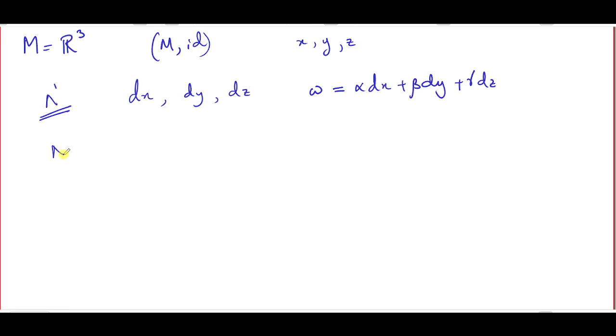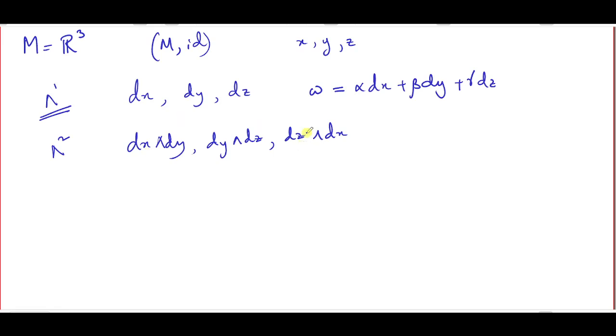When you go over to lambda 2, then you will have dx wedge dy, dy wedge dz, and dz wedge dx as the basis vectors or basis 2 forms. Any 2 form would be a linear combination of these.